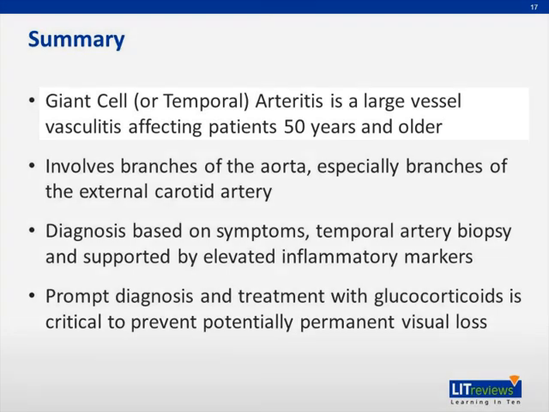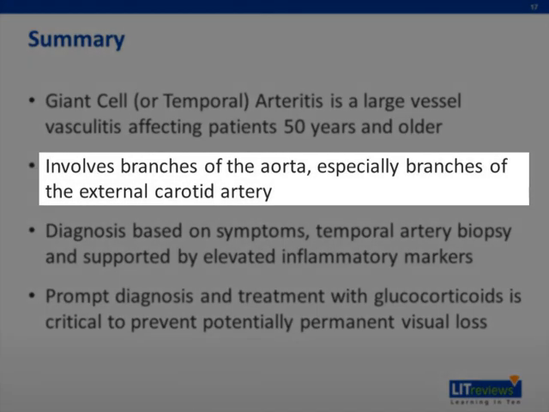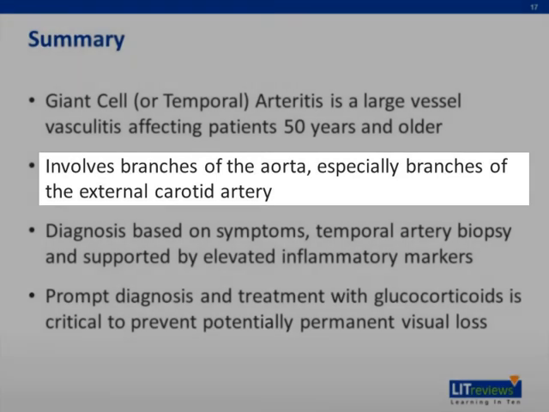So, in summary, giant cell or temporal arteritis is a large vessel vasculitis affecting patients 50 years or older. It typically involves branches of the aorta, especially branches of the external carotid artery where there is significant infiltration with inflammatory cells and mediators, including collections of macrophages called giant cells.